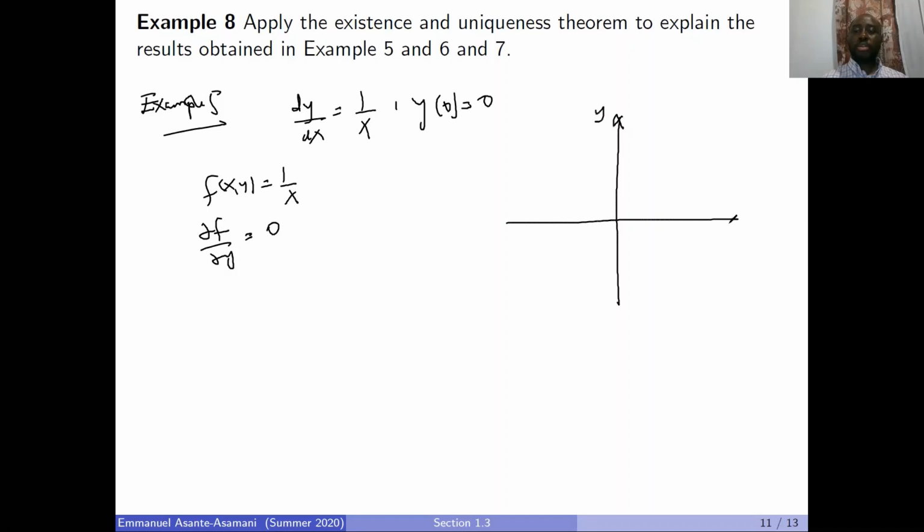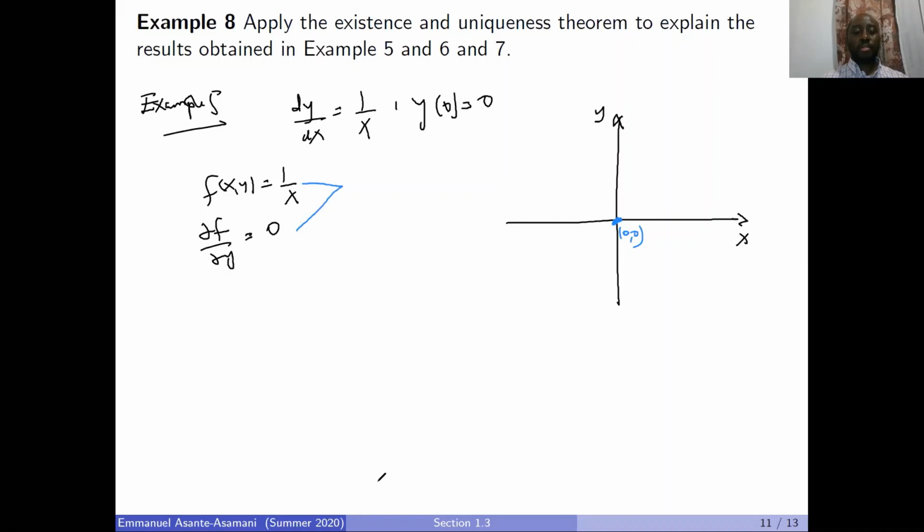And so for me to have a unique solution, I need to be able to show that both of these functions are continuous around 0, 0. Okay.